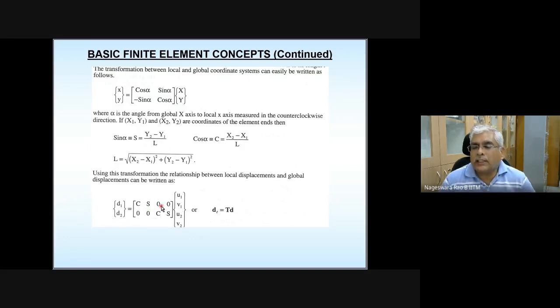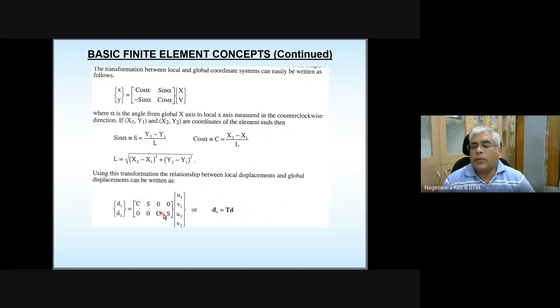This is the relationship between the local displacement vector and global displacement vector. And that is compactly written like this. DL is the local displacement vector. This matrix is denoted with T because it is transforming.